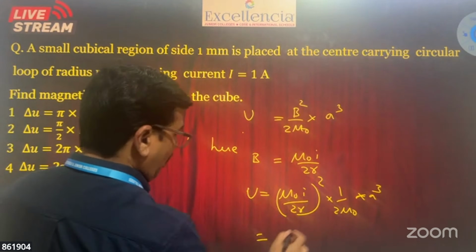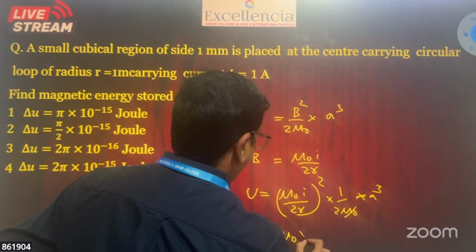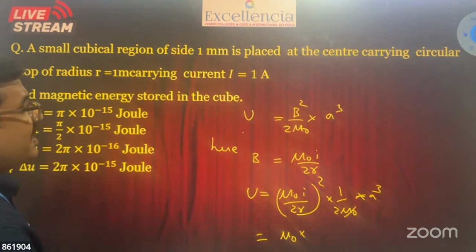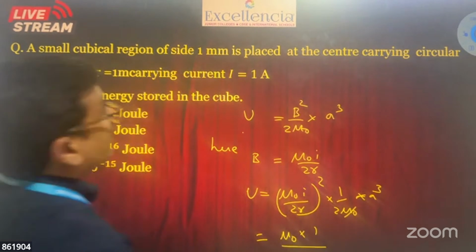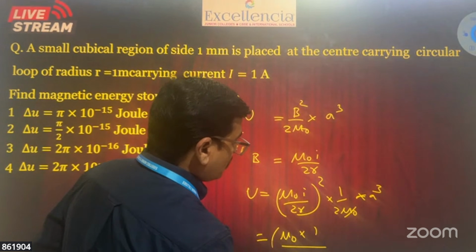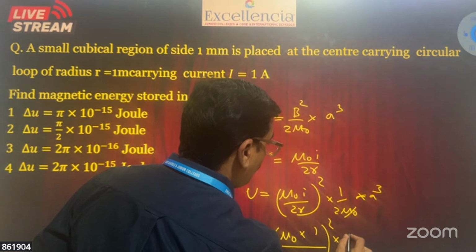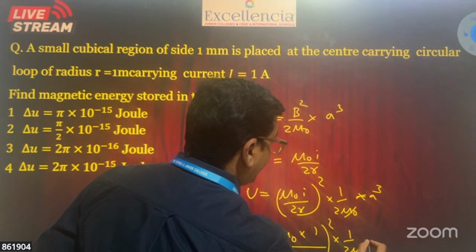So the mu naught square cancels here, and the current I is mentioned as 1 amp. The radius of the circular coil is also 1 meter. So this is how we get 2 into R whole square, into 1 upon 2 mu naught, into the cube volume.